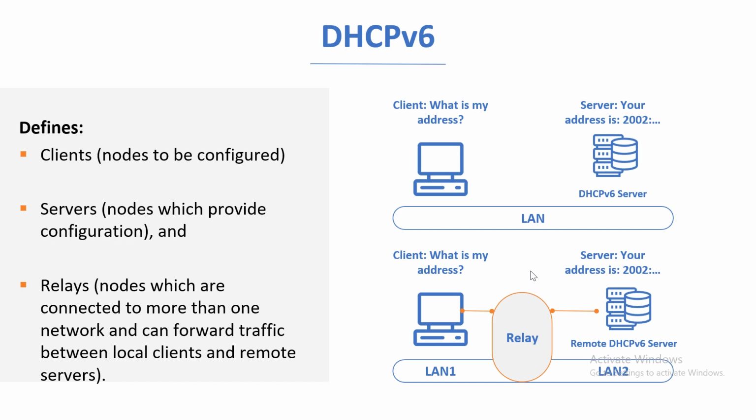But you may have relays. You may say, look, I'm going to be connected to more than one network, and I want to have a centralized DHCPv6 server. So when you're laying out your topology of servers and clients, you will likely have relays involved. So why are you going to need relays?